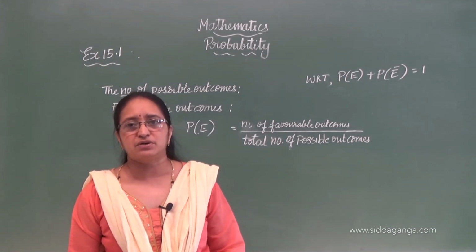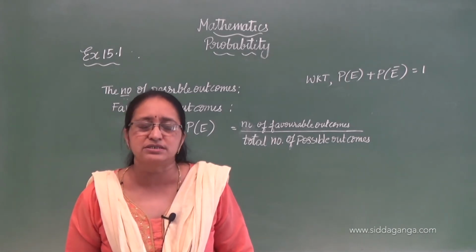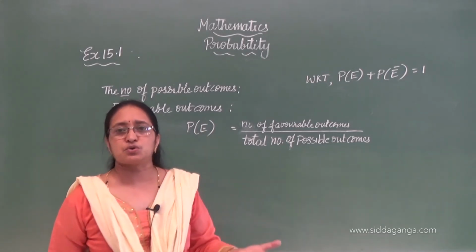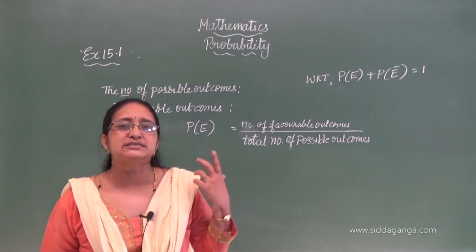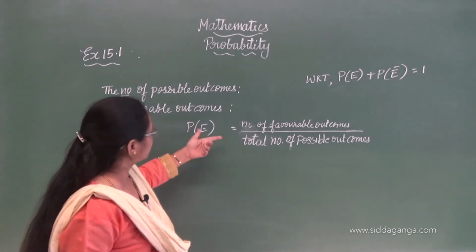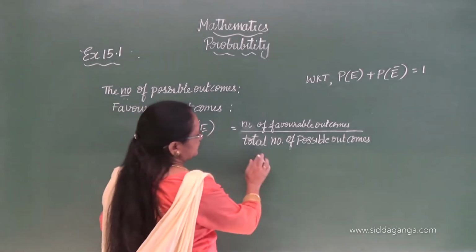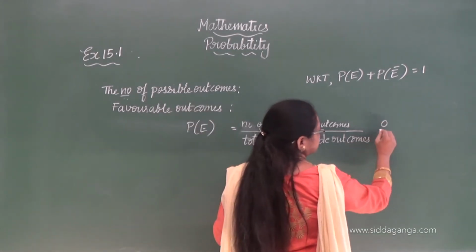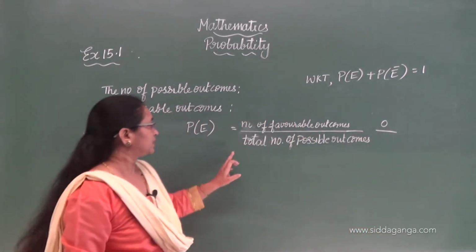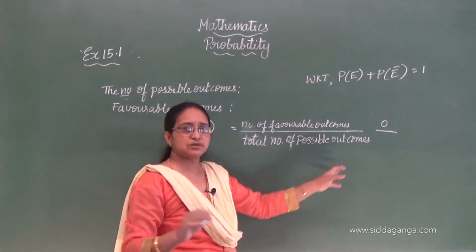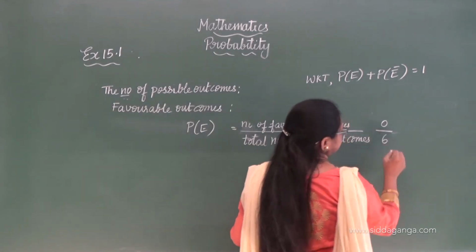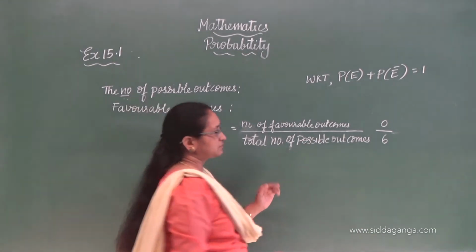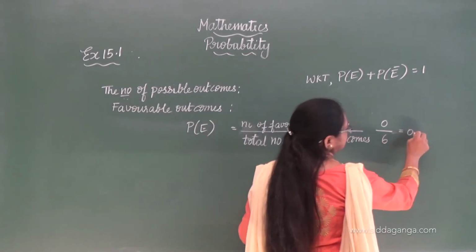That is, when the dice is thrown, probability of getting 7. So, favorable outcome is 0 because we cannot get 7. But total number of possible outcomes, of course 6, correct? So 0 by 6 is 0.